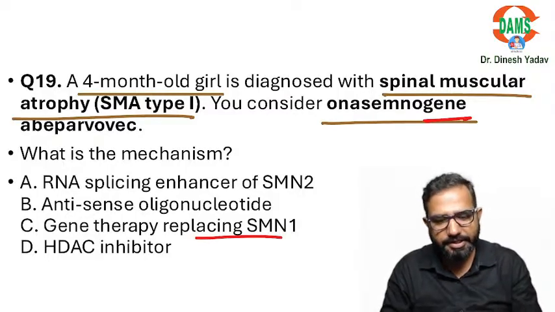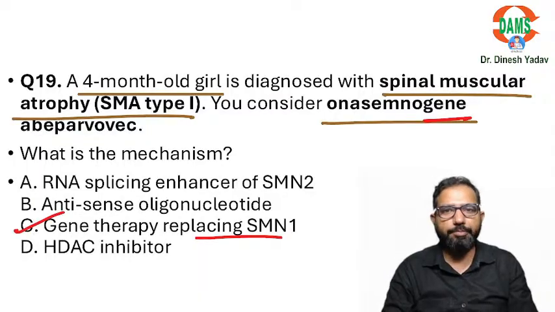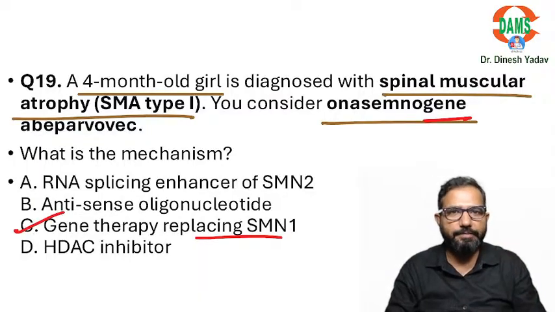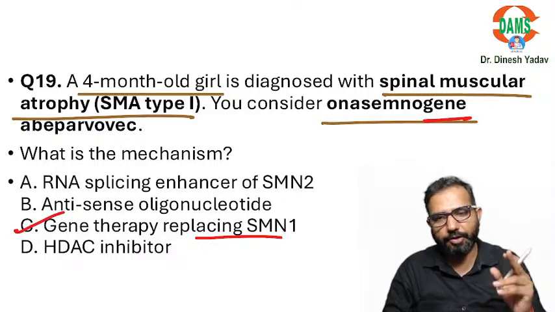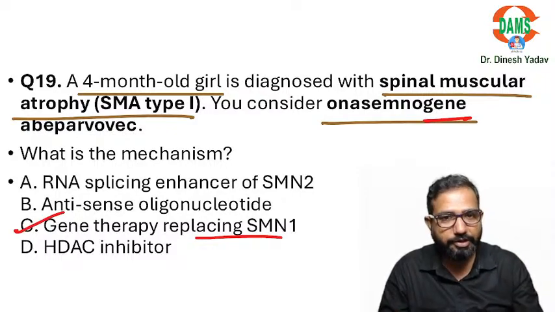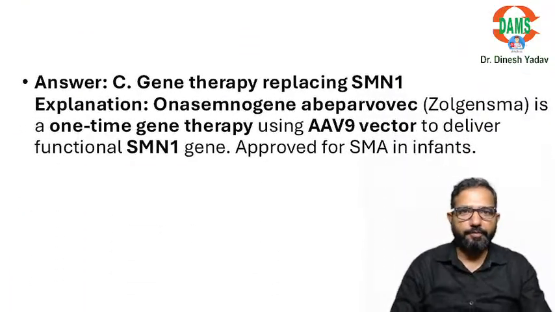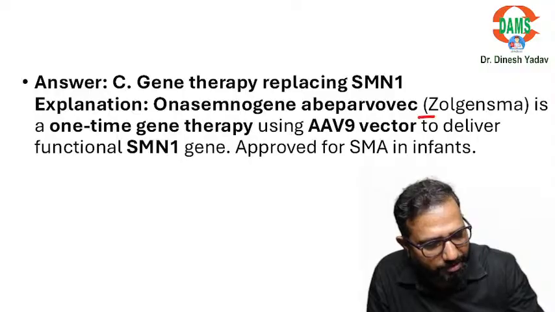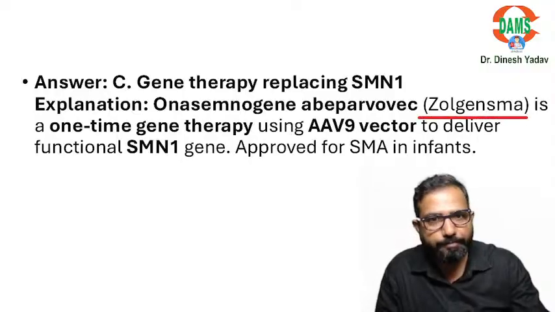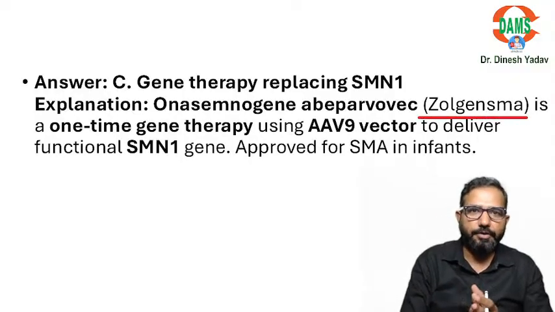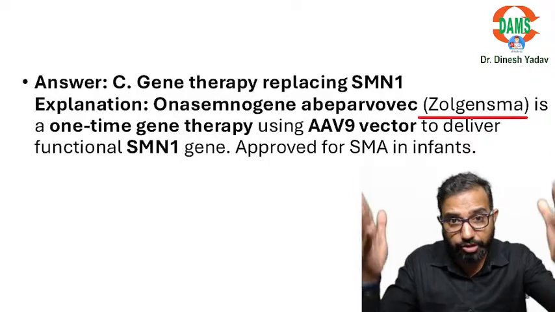So that is gene therapy for SMA1. Don't forget onasemnogene abeparvovec, it is the drug. Don't forget this very important question, especially the pediatric people. It is available with the brand name Zolgensma, but not in India. And the cost of this injection is 16 crore.